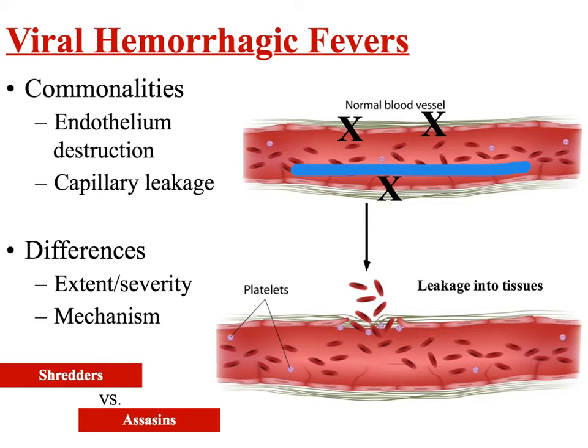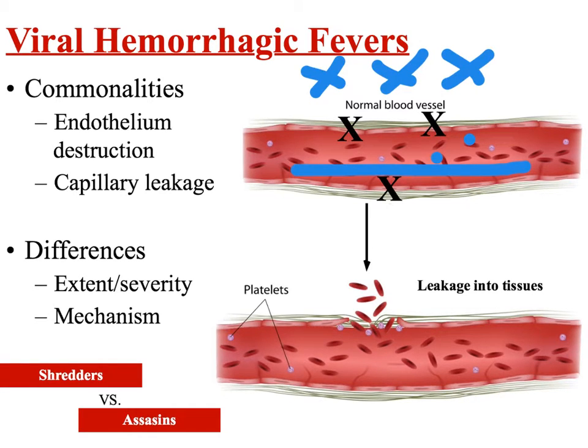What ends up happening during hemorrhagic fever is that these guys end up out here somehow in the tissues and in the capillary beds. And so that is obviously not what you want. You want your blood inside your vessels, not outside of it.